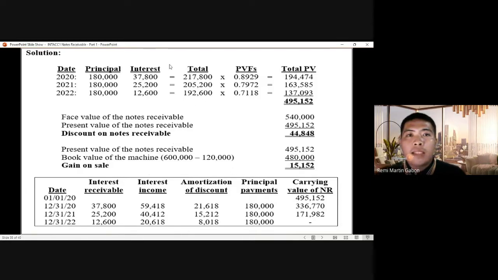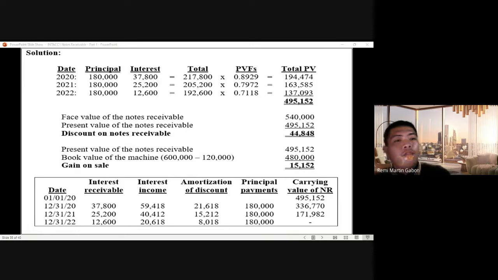So yung interest natin kanina na 37,800 down to 12,600, yan yung ilalagay natin dito sa interest receivable column. Okay? Then yung principal, of course, dito yan sa principal payments column. Then yung 495,152 ilagay dito sa carrying value column. So sige, kindly follow lang. 495,152 times 12% ulit.